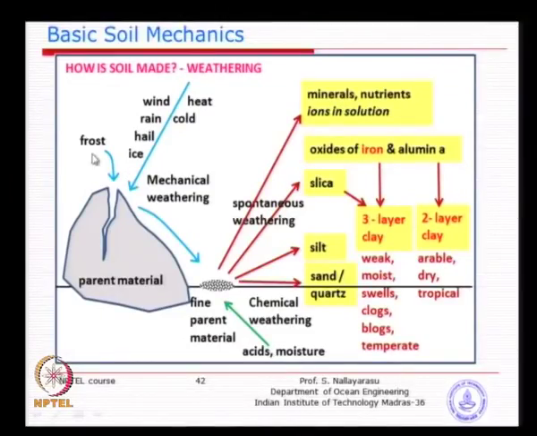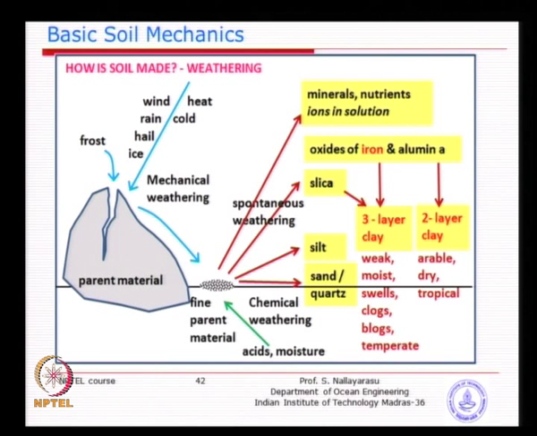You take a rock, and if you do an age study, you will find when it was actually formed, either from the parent material coming out of the earth or due to solidification of the lava. So, you can see one material breaks down either by environmental means due to wind or rain or heat and cold.